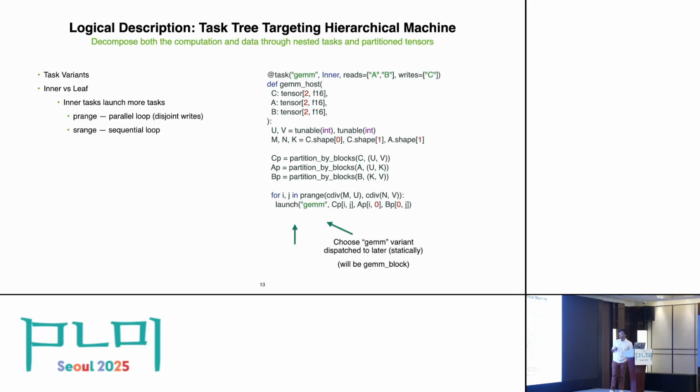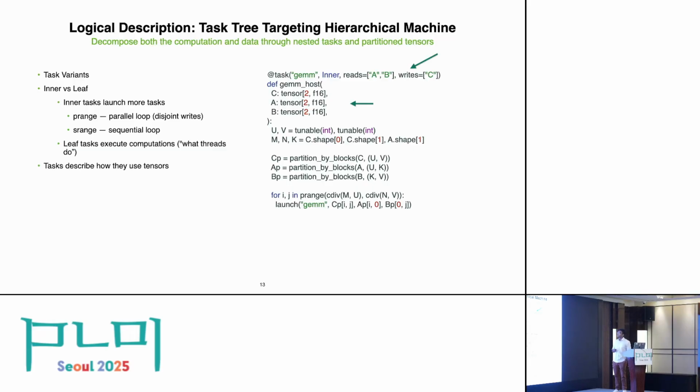They can do this in a few ways. One of them is with this p-range operator, which is going to launch a parallel group of tasks that don't interact with each other. Or the s-range operator, which is going to launch a group of tasks that must execute one after the other. We have leaf tasks, which you're not actually going to see in this talk, but they're actually going to execute concrete computations, like launch some work onto the Tensor Core or do some floating point math.